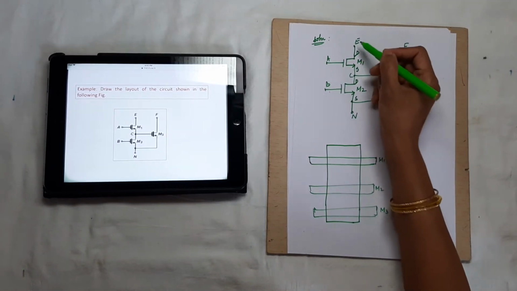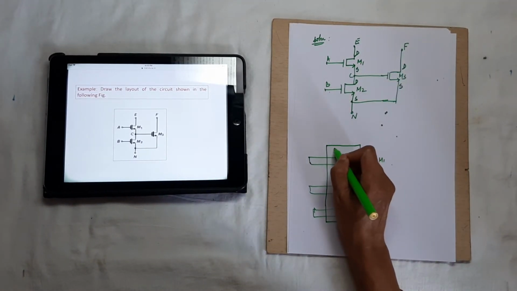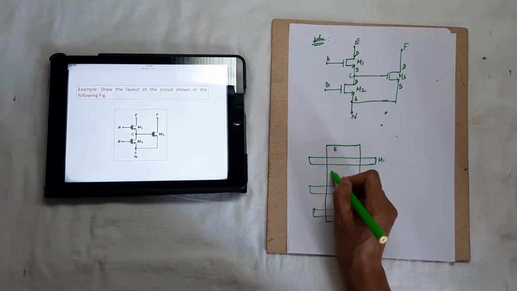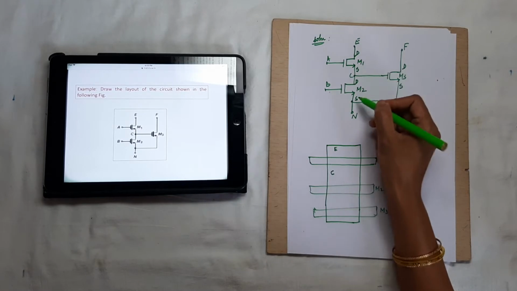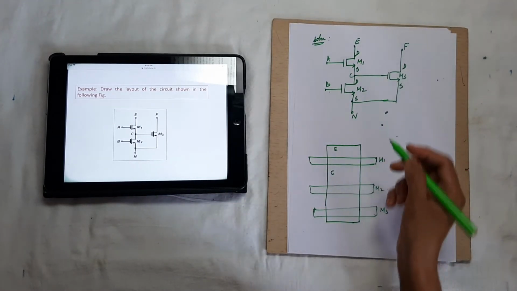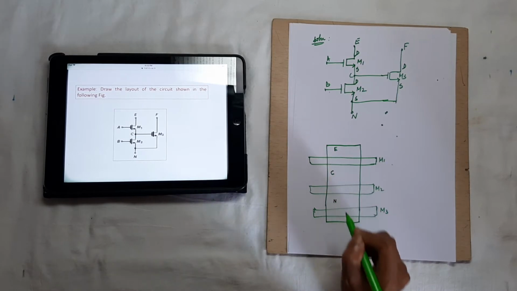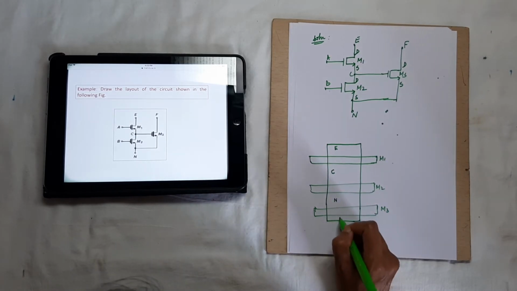So for M1 transistor, the first point is E. Let us mark this as E point. The next point is C, and C is common for both M1 and M2 transistor, whereas this point is N and this point is F.